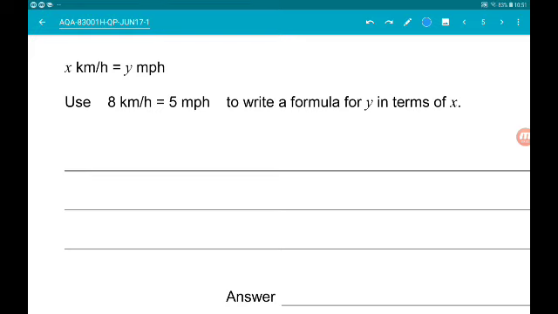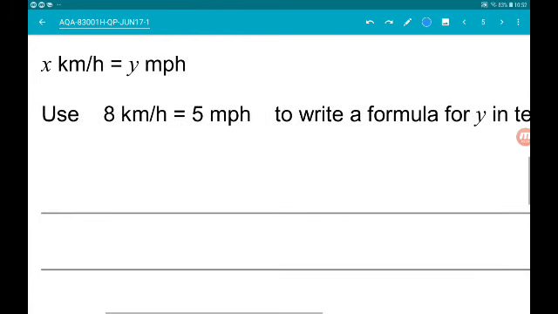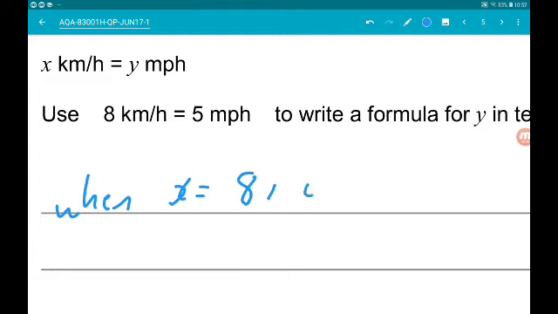Question 8 is this lovely chap. So we are told that x kilometers per hour is equal to y miles per hour. Use 8 kilometers per hour is equal to 5 miles per hour to write a formula for y in terms of x. So, what do we know? We know that when x is equal to 8, y is equal to 5.